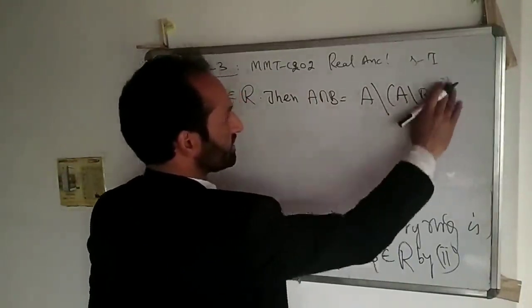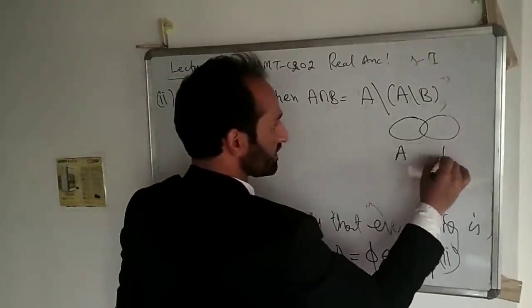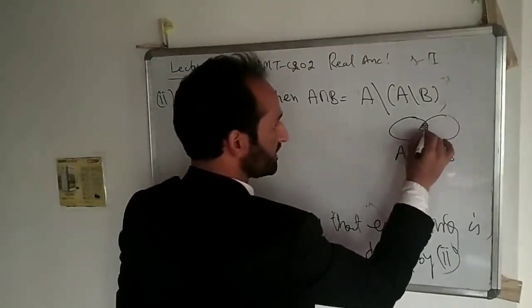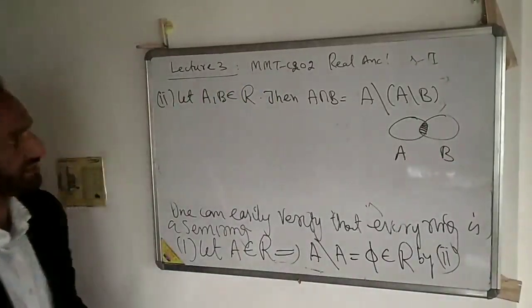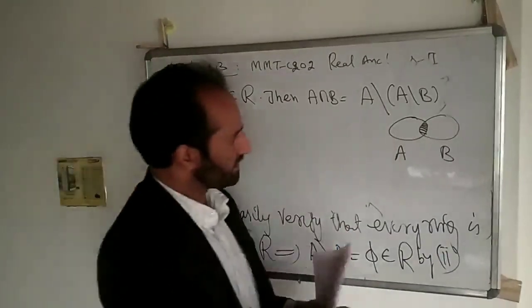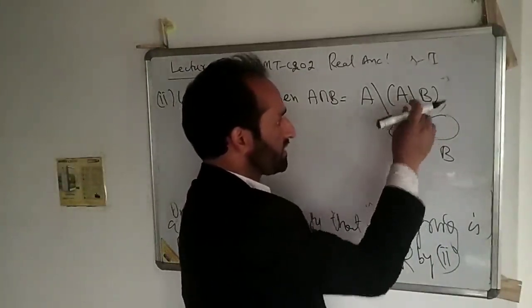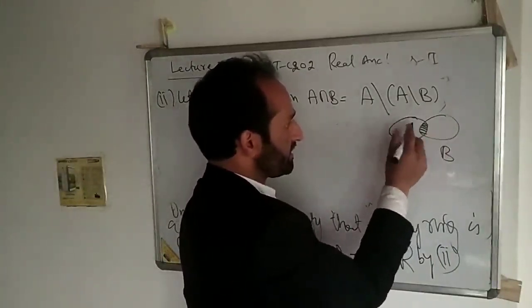You can easily see this. This is A, that's B, and that's the intersection A intersection B. A minus B is this portion.